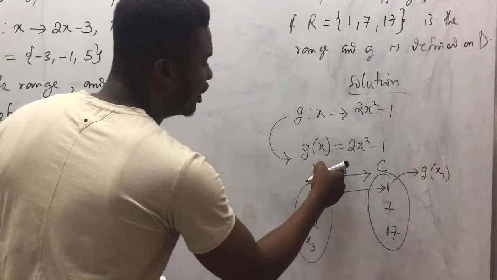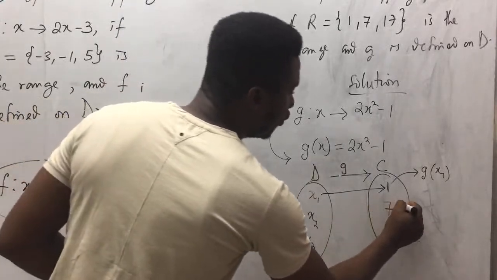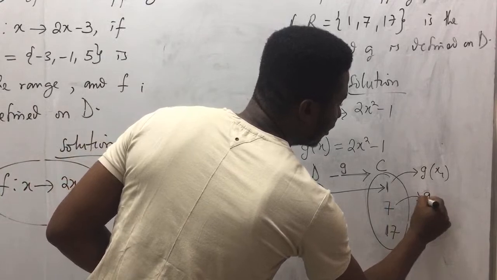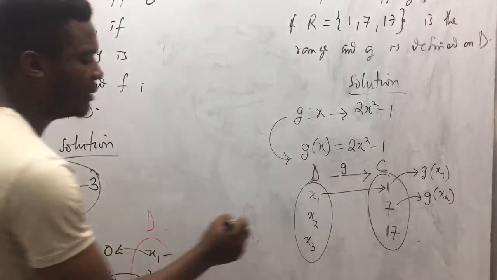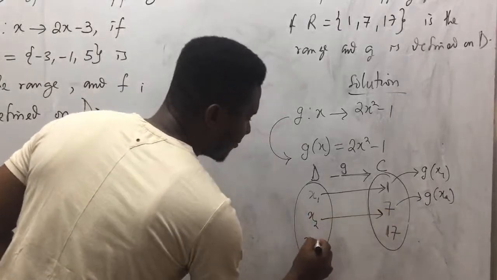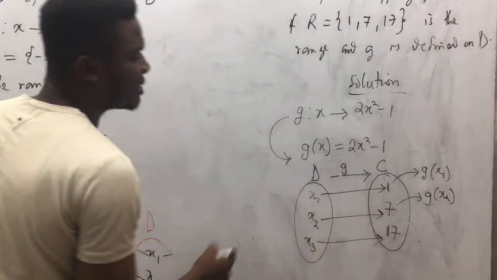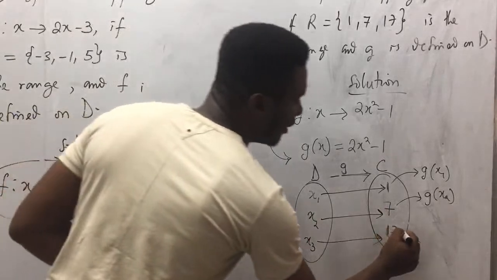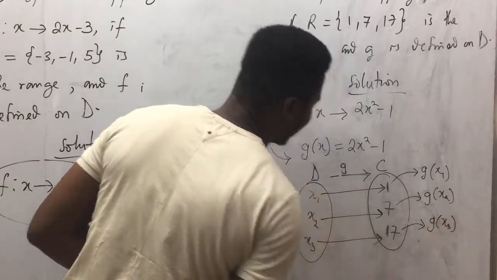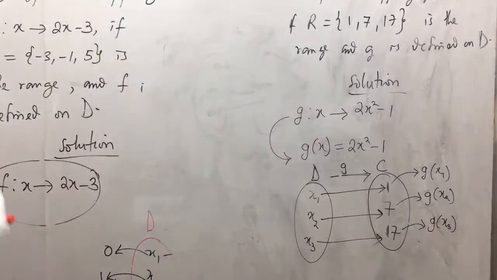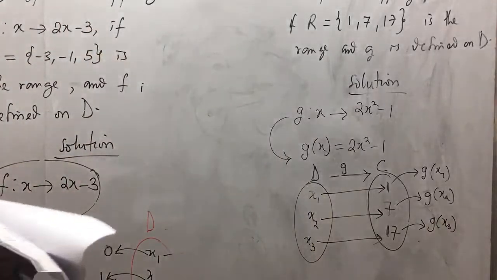Also, through this function g, x2 will generate g of x2, which is 7. Likewise, x3 through the function g will generate g of x3, which is 17. That's what I'm going to do to enable me to understand what I'm doing.